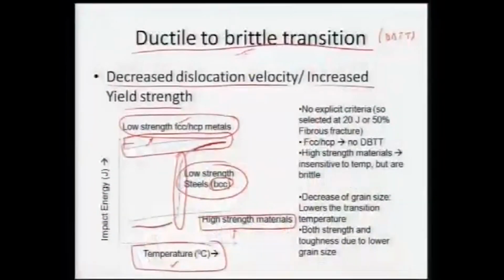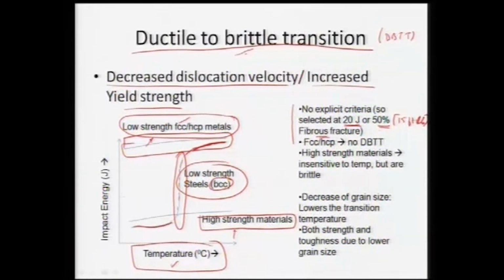And essentially, that was the concept of ductile to brittle transition temperature, and eventually we will see that there is no explicit criteria for when this transition is occurring. So, it is being selected as 20 joules or 50% of fibrous fracture, or it is also 15 foot-pound of energy that can be absorbed.